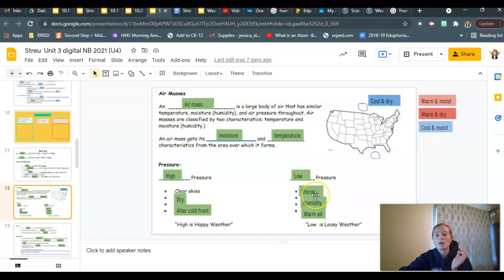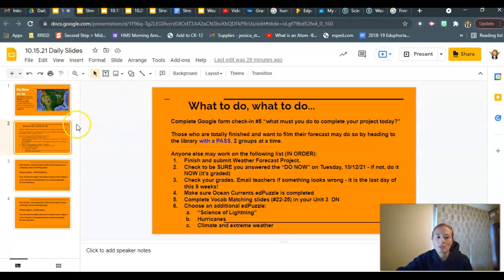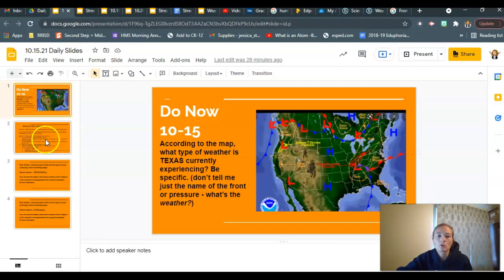Okay. So that is when sometimes a little bit warmer air is rising up into the air, creating clouds and yuckiness up above. Low pressure, lousy weather has air rising to make clouds. Okay? That knowing what rises and what sinks is going to be important when you take the test. Okay, so that's your do now.